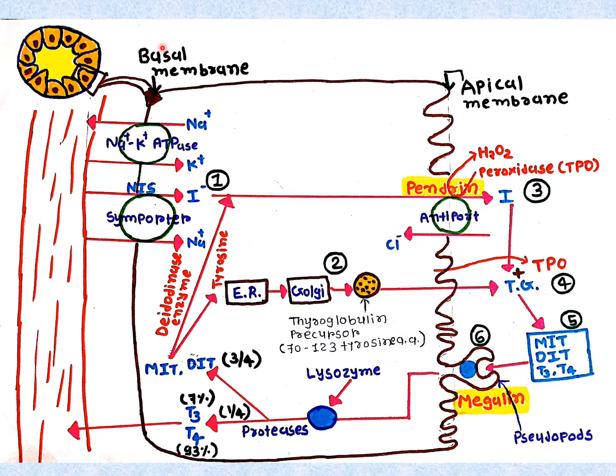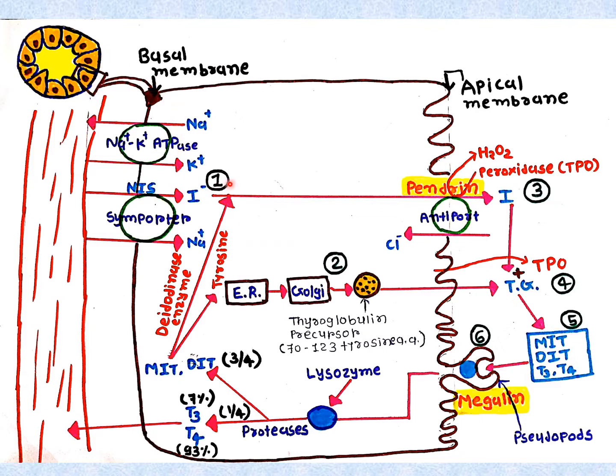The basal membrane is always near the blood vessel, and the apical membrane is near the lumen or colloid. Here it is colloid. So these all are the apical membrane, and this one near the blood vessels is the basal membrane.